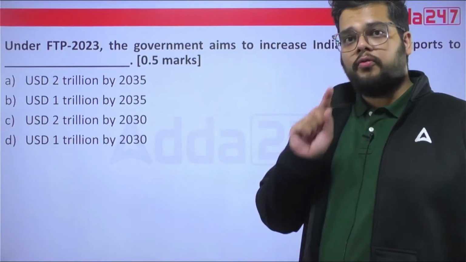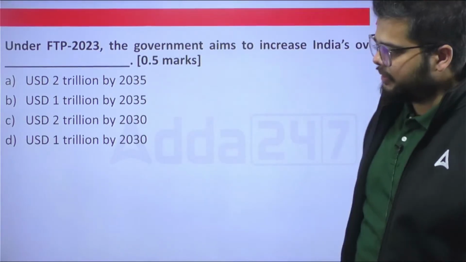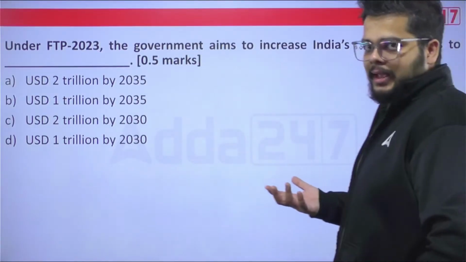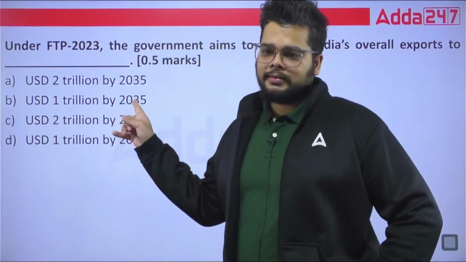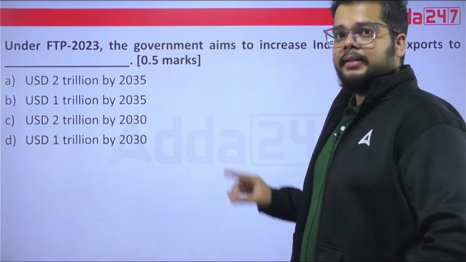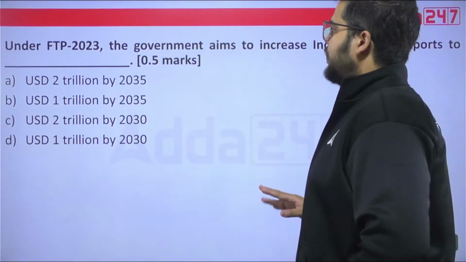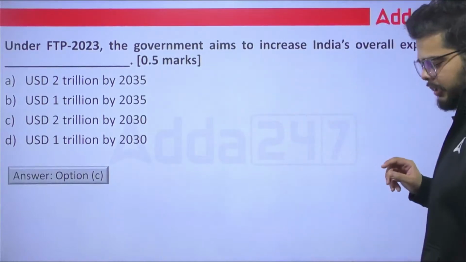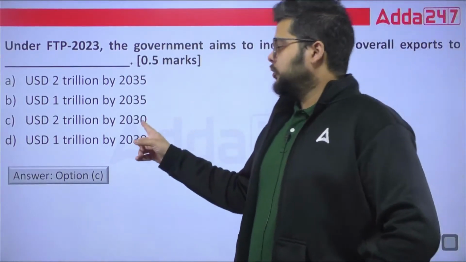So if you know for sure, then only you will be able to answer this question. Sometimes we have the scope of elimination in the exam, sometimes there is no scope, and this question is a prime example of that. If you know for certain that yes, this is the answer, then only you will be able to gain marks, that is 0.5 marks. The correct answer is $2 trillion by 2030.